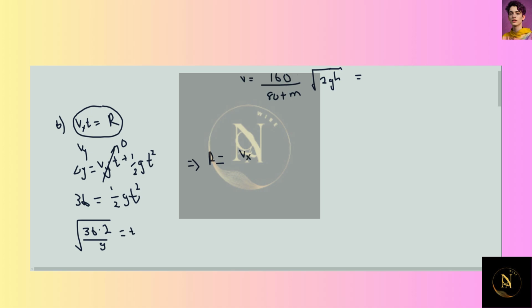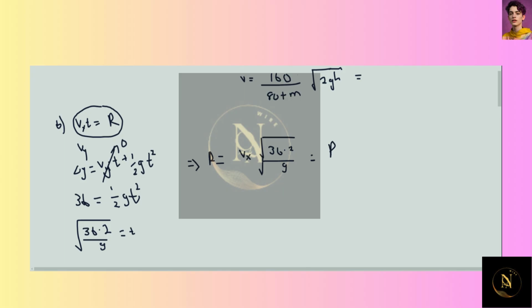So this is now vx times the square root of 36 times 2 over g. This is all under the square root. So this gives you the range. But you know that this Vx initial is this whole expression up here.